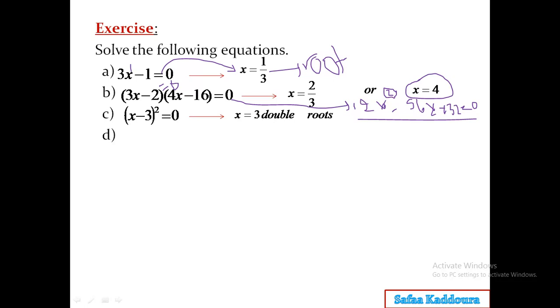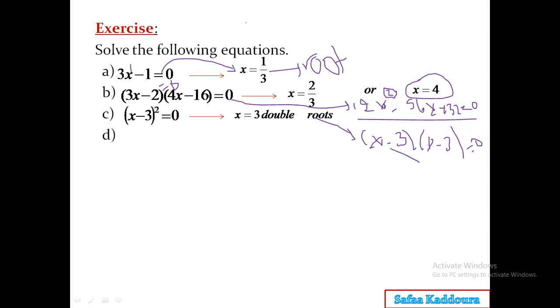If we now see part C, x minus 3 squared equal to 0, and this gives us x equal 3, and as you see I wrote double root. What do I mean by this? x minus 3 squared means x minus 3 multiplied by itself two times, that is, x minus 3 into x minus 3 equals 0.